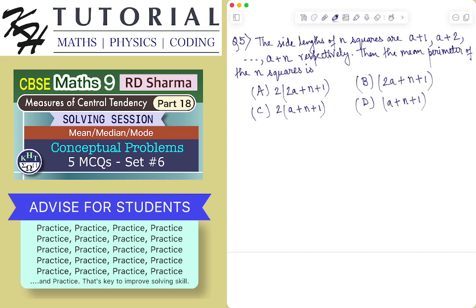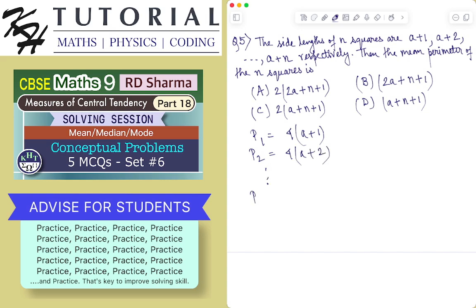Let's say I am calling P1 the perimeter of the first square. So P1 will be equal to, we know the perimeter of a square is 4 into side length, so it will be 4 into a plus 1. P2 will be 4 into a plus 2.